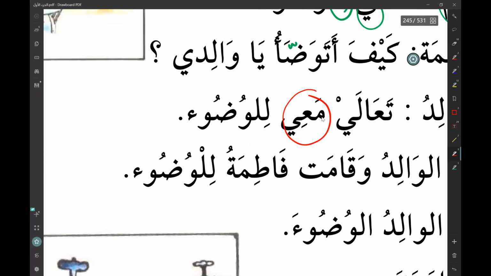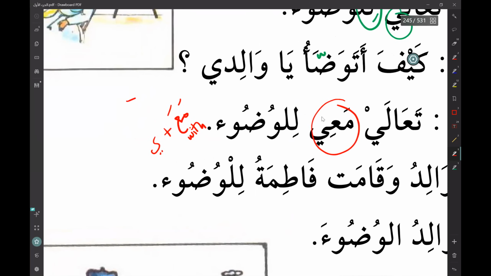This word, you have ma'a, and then we have ya of mutakallim. Ma'a is with, and ya means me or my. For example, we studied this one, right? When you have kitab and then you add ya, it is kitabi. That means my book. So it's the same ya.